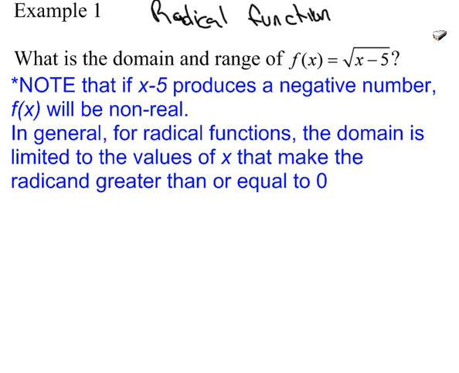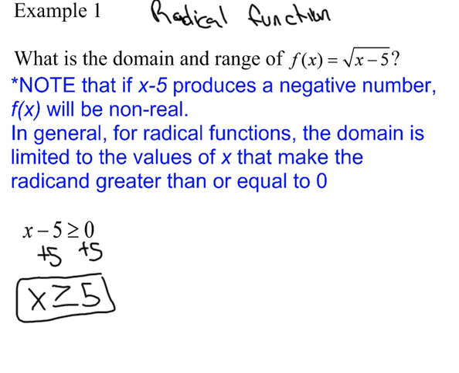So to do that, just think about it like this. When is x minus 5 greater than or equal to 0? So we can write an inequality and solve for x, and that's going to give us our domain. Plus 5, x has to be greater than or equal to 5. That's our domain.